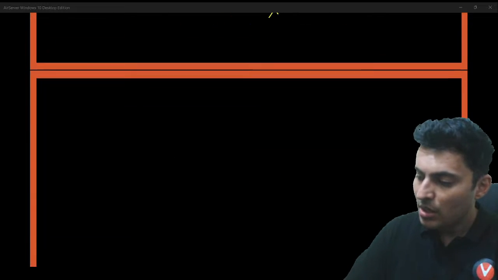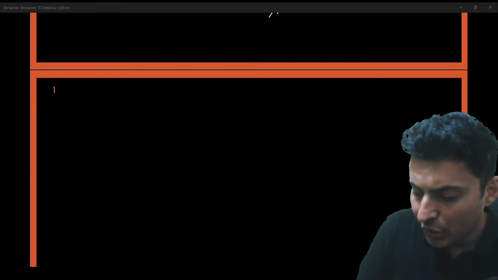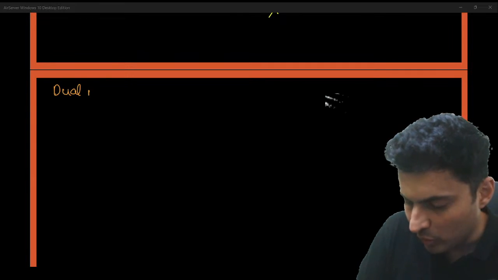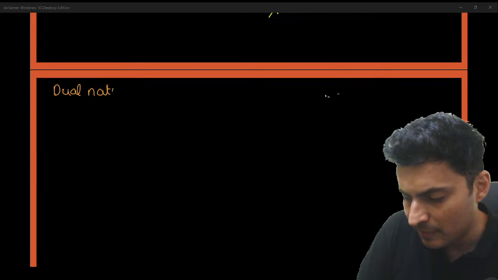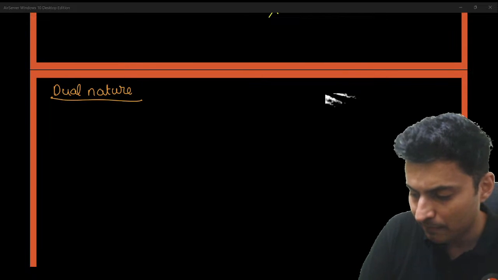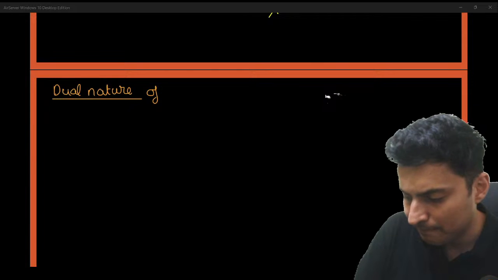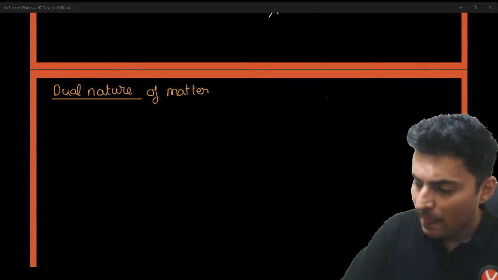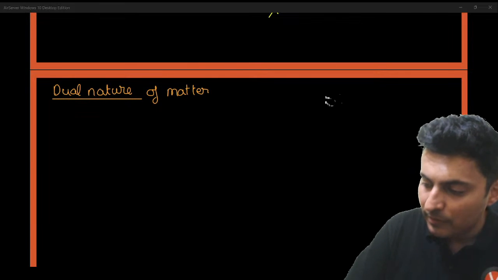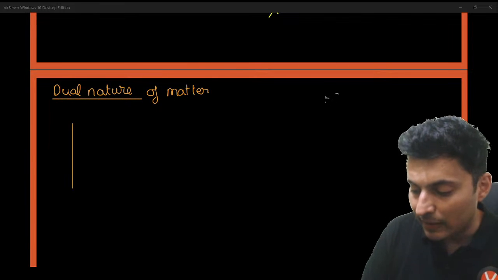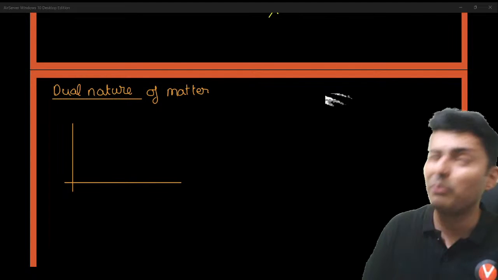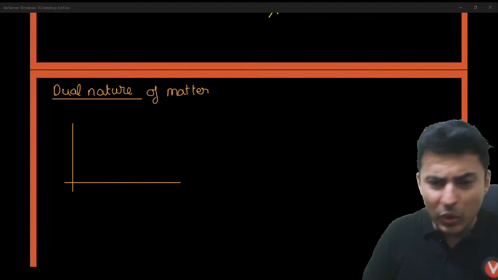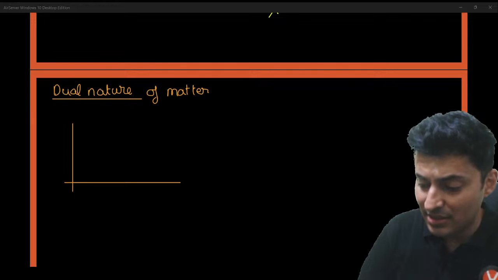Next, for dual nature, before going to photoelectric effect, let me complete this part for dual nature of matter. If you take the energy of a particle, not a photon, like a proton, electron or neutron, these are matter masses.